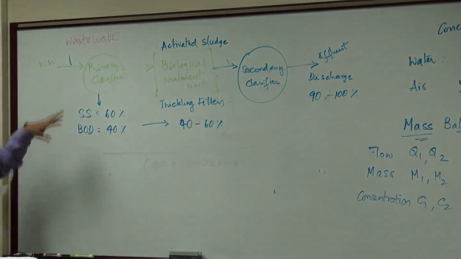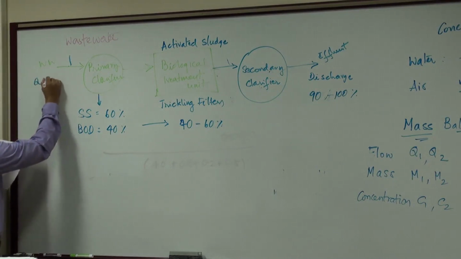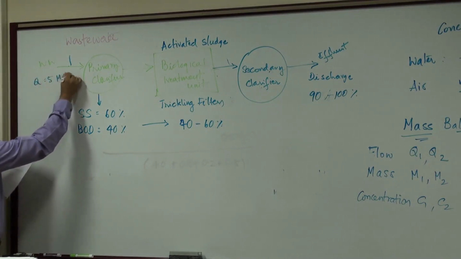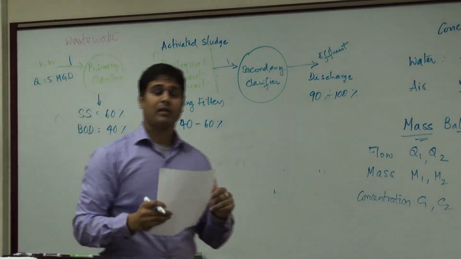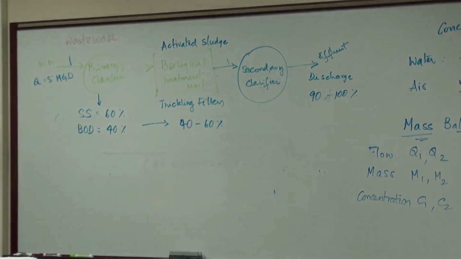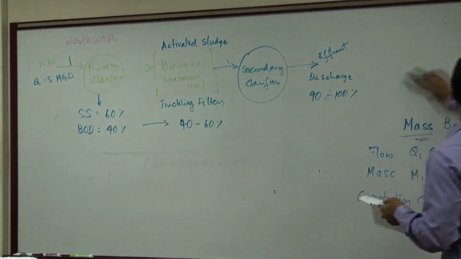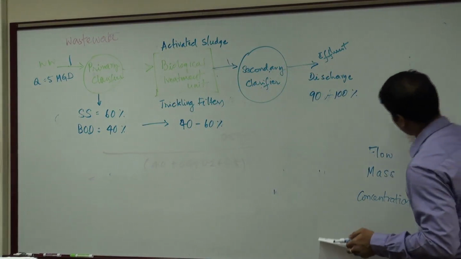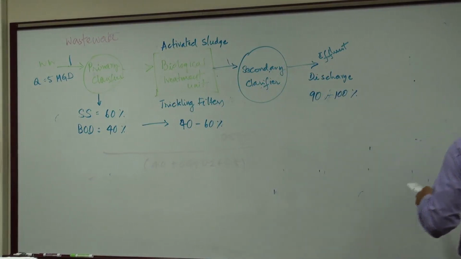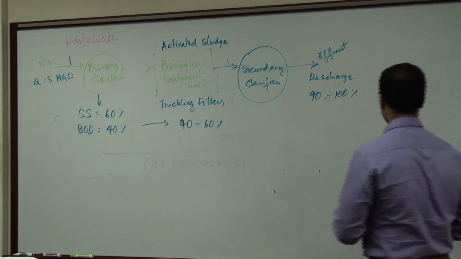So the problem is saying you have a flow coming from here, and that's 5 million gallons per day. By the way, how many liters is 1 gallon? 4. But you can't use that number 4 in the exam. You've got to be very accurate, otherwise your calculations will be wrong.